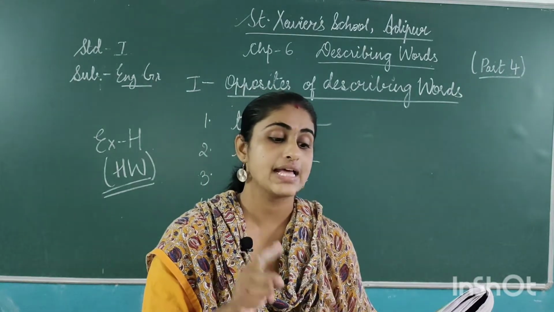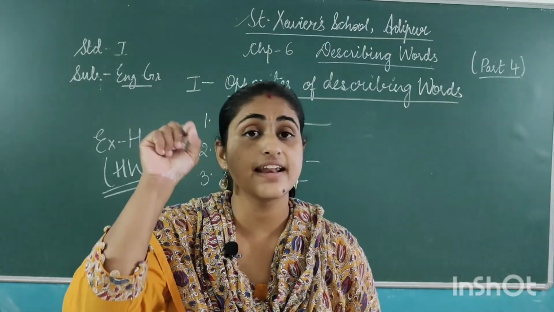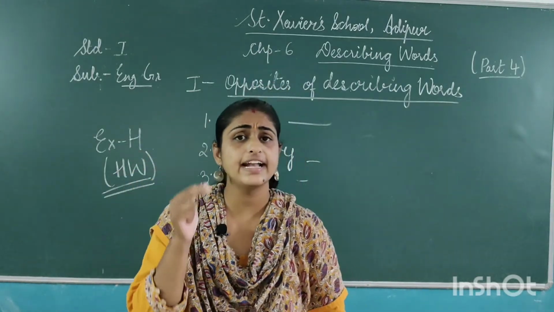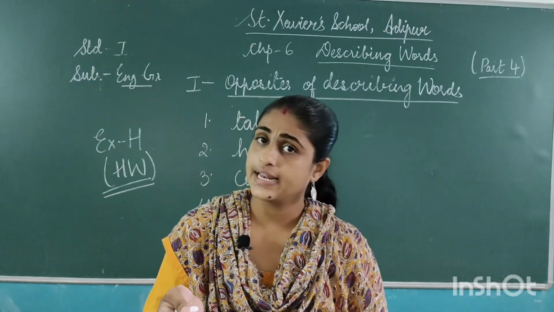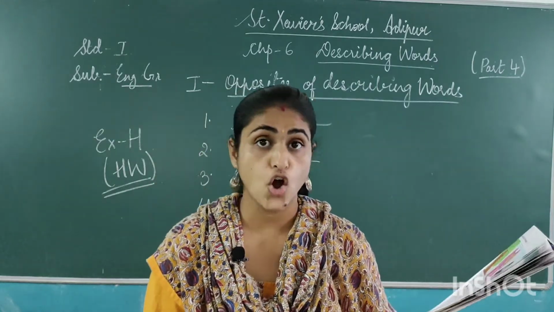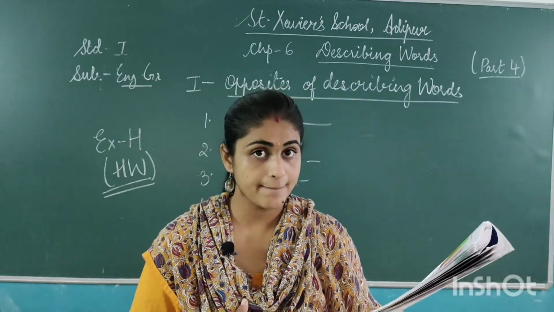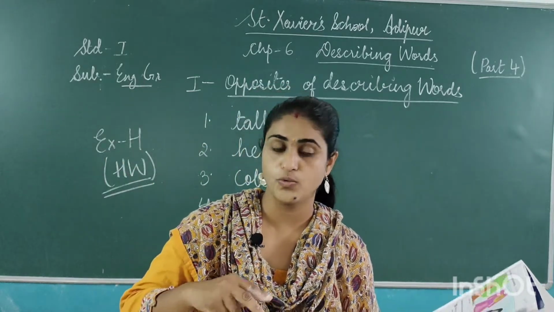The first one has been done for you in your book. You can see, children, it is written in red letters. You have to write the opposites of the words written in red. The first one is written: my father is tall. So I am short. Papa is tall but I am short.